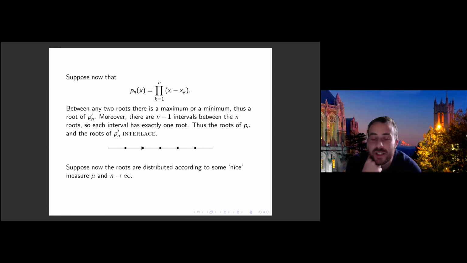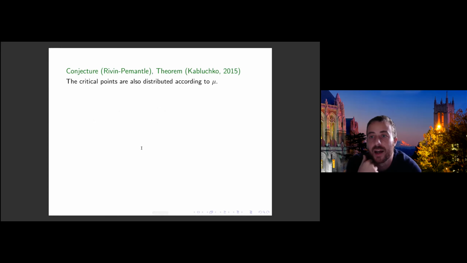And n goes to infinity, and you ask yourself, what happens then? There's a theorem that was originally conjectured around 10 years ago and then proven 5 years ago. And it's also true if the measure is in the complex plane, so that's a more general result. It says the critical points of the polynomial are also distributed according to the same measure.